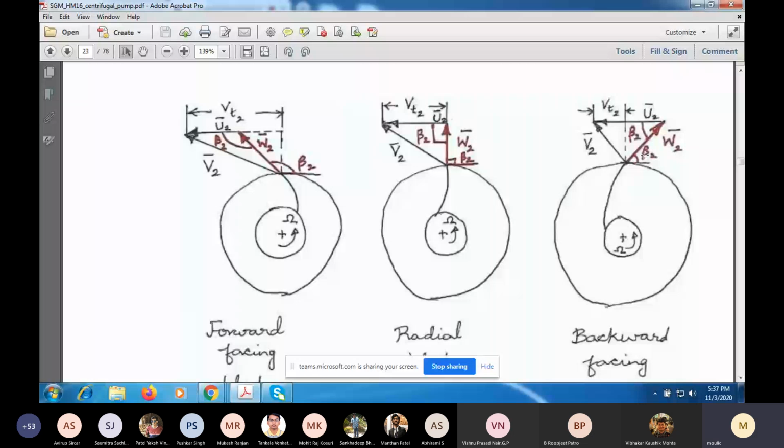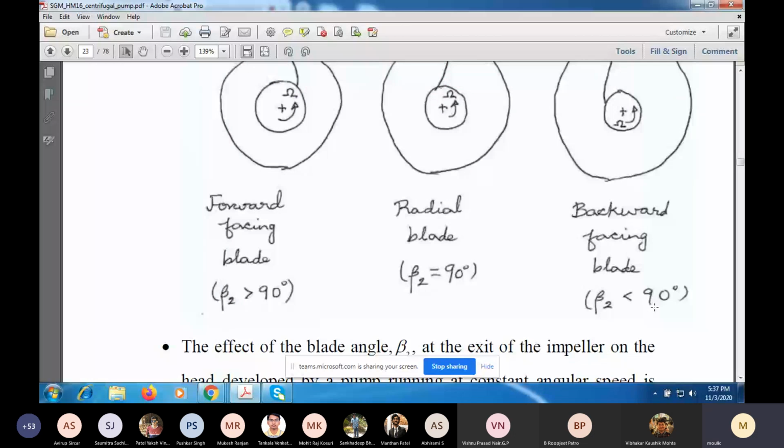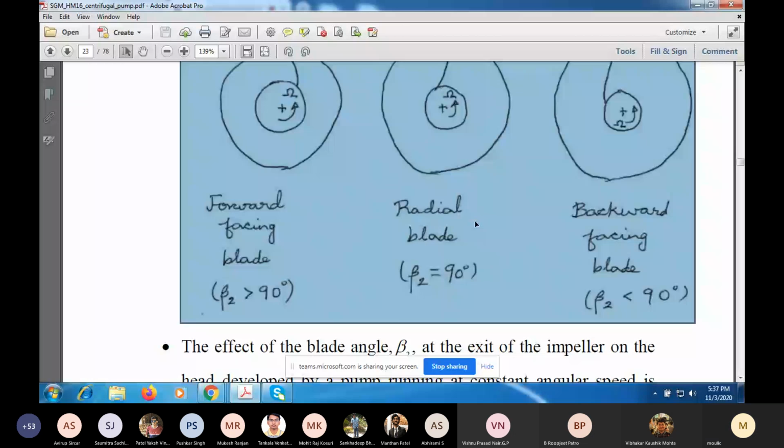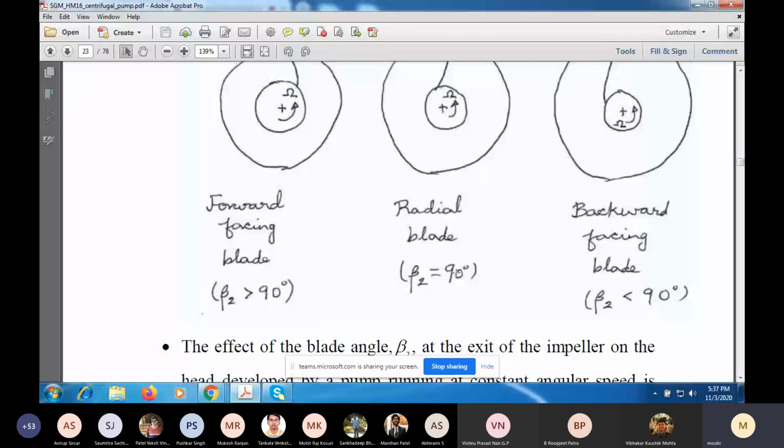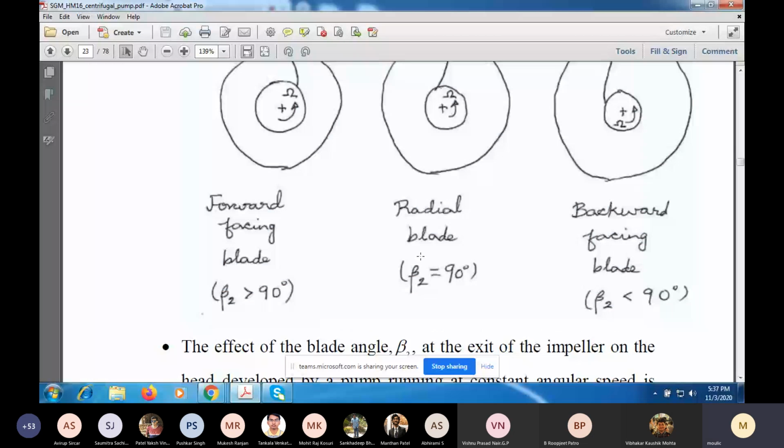So if I look at this relative velocity vector W2, the angle between W2 and minus U2, this beta 2 is less than 90. So for a radial blade, at the exit, beta 2 is 90. For a backward curved blade or backward facing blade, beta 2 is less than 90. And for a forward facing blade, a forward curved blade, the blade angle at the exit, beta 2, is greater than 90.